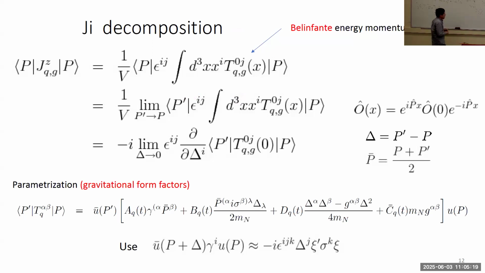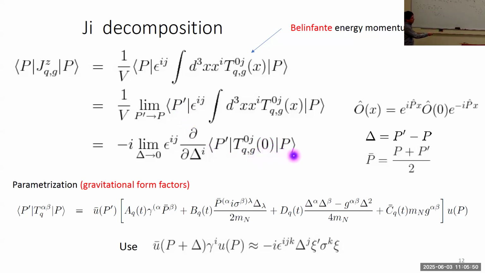Then I do the partial integration in x. Okay, so I have this derivative with respect to delta i. Then there is no x dependence, and then I take delta going to 0. So this exponential disappears, and then what I get is this local matrix element.